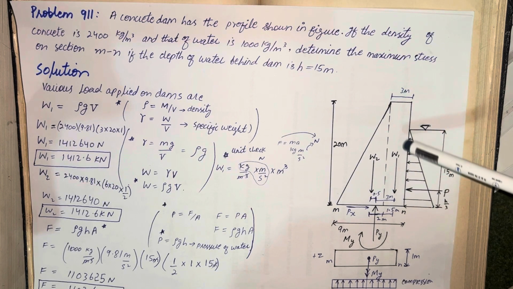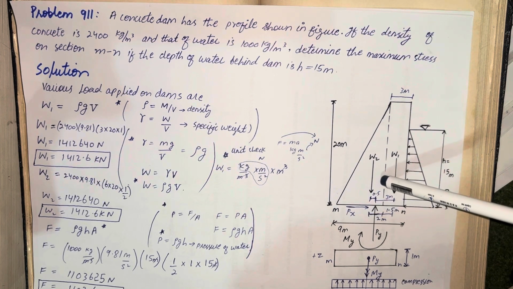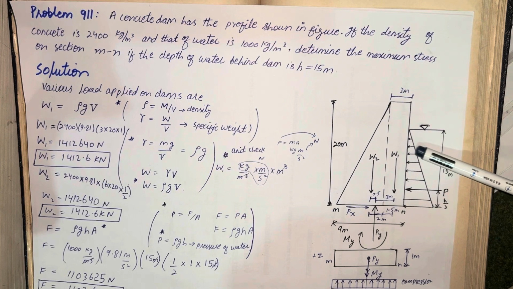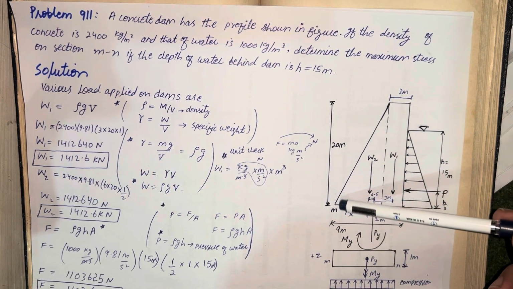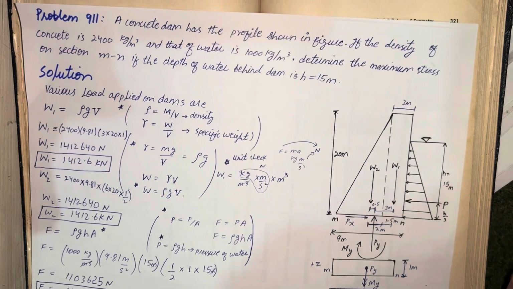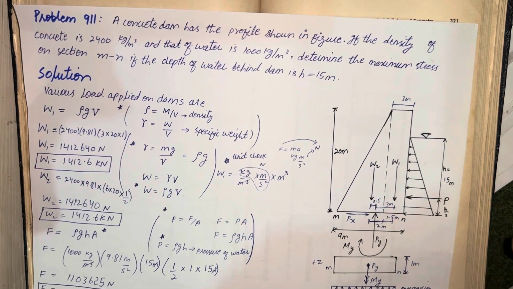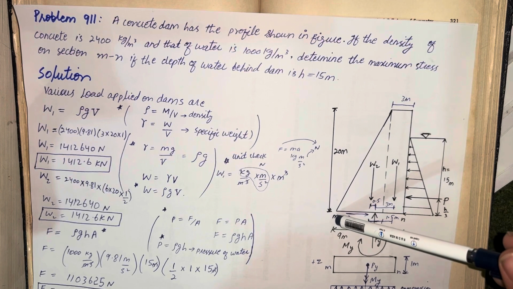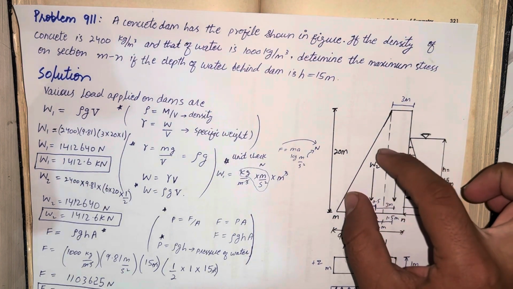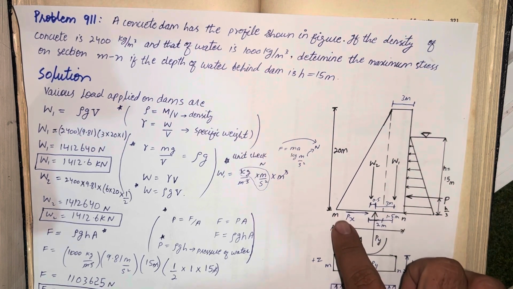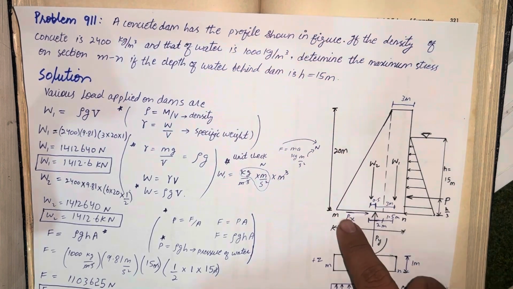Usually when we look into the structure of this dam, when this anti-clockwise moment is produced, at the toe of the dam, the M section, compression will be produced. This force will cause the dam to overturn. So at this M section there will be a compression.